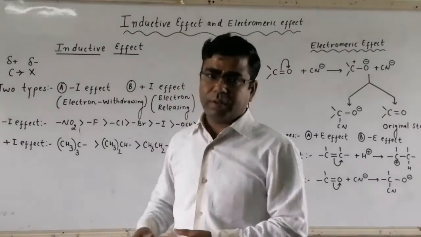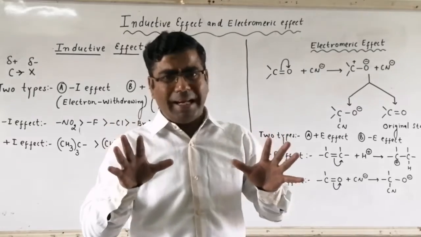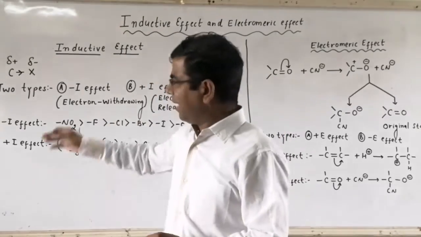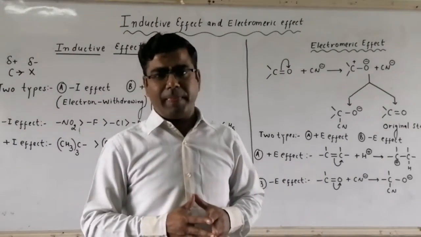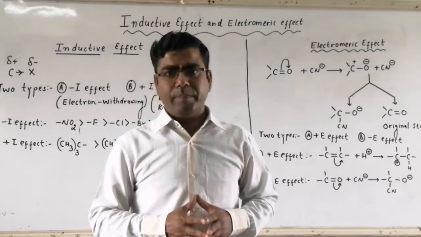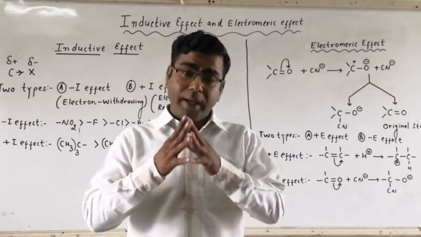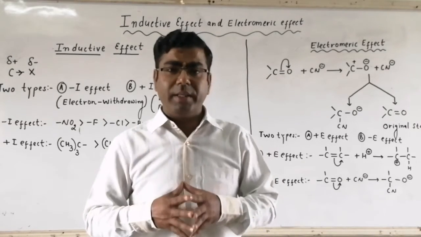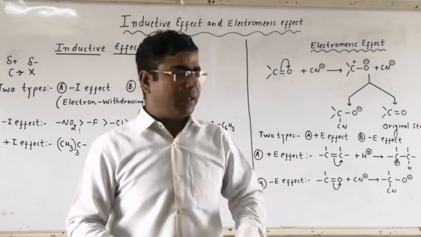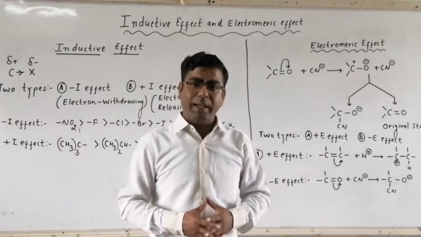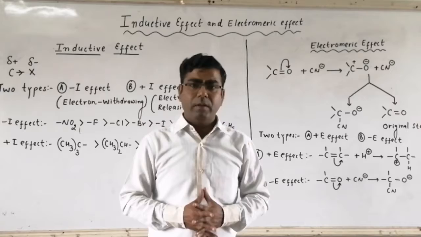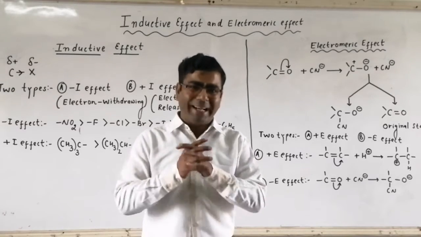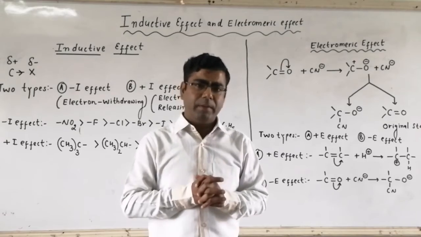In inductive effect, we don't need any attacking reagent, and this is the electronic displacement present where a single bond, a sigma bond, is there. But for electromagnetic effect, we require the presence of a double bond and the presence of an attacking reagent.